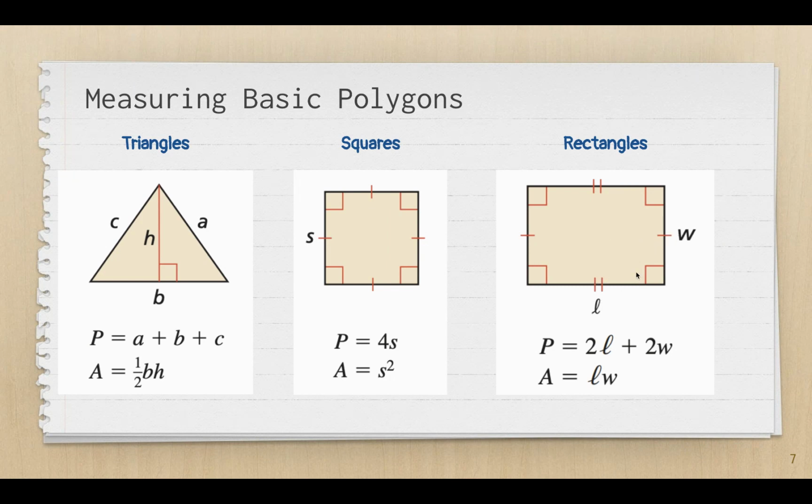To push you beyond what you've already learned, we're going to give you coordinates for the vertices, and you're going to plot those points and sketch the polygon on the coordinate plane, then do your calculations. So how are you going to calculate these things? You're going to use the distance formula, which is just the Pythagorean theorem. Let's do some examples.